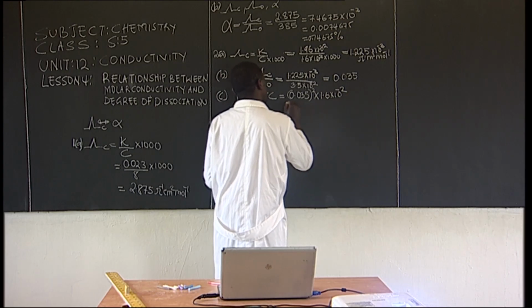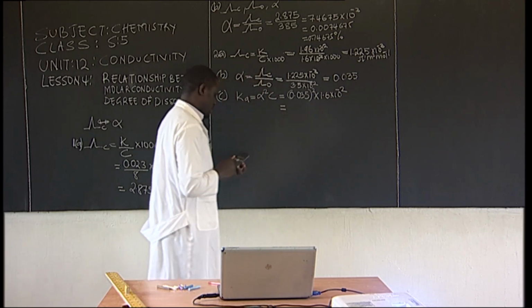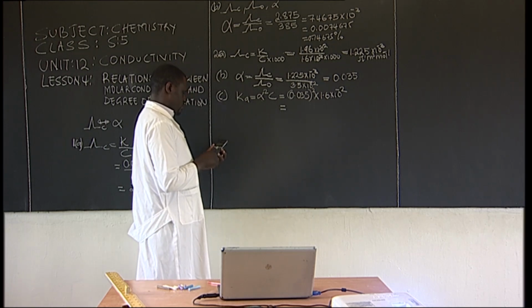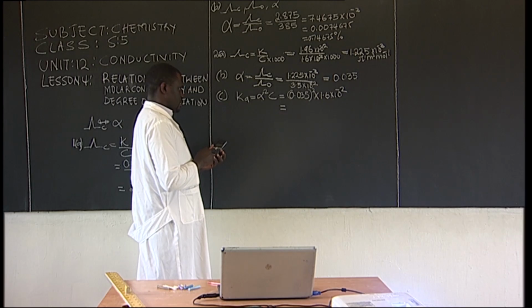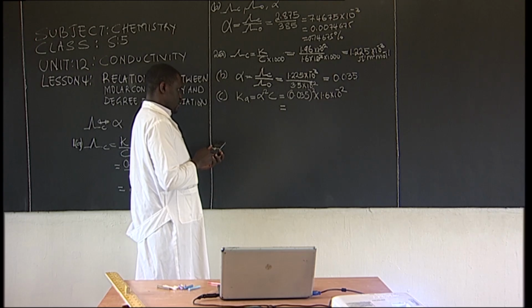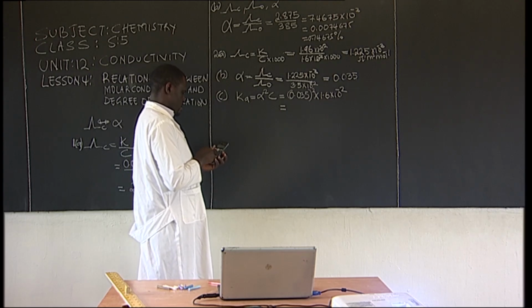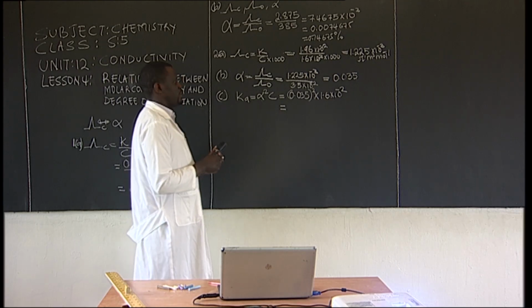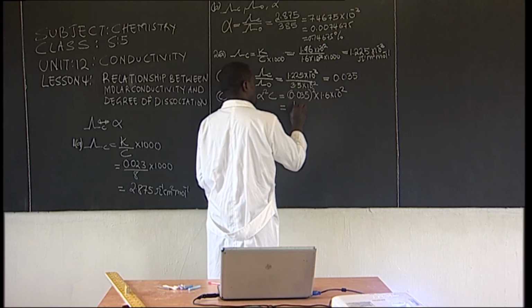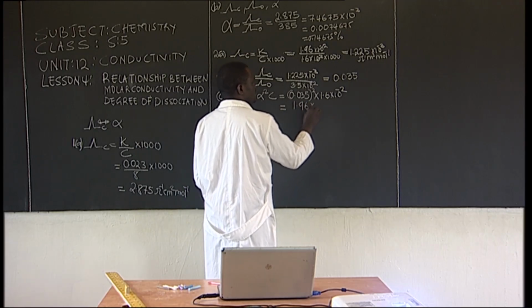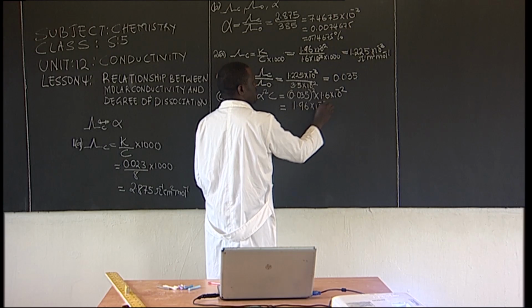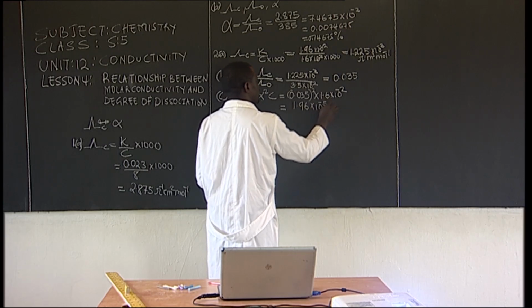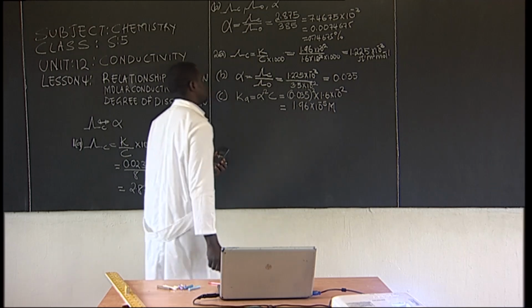So what will be our value? Let's go down here. We have this squared times 1.6 times 10 to the power negative 2. Which answer have you got? Me, I've got this one. Hope we have the same answer, times 10 to the power negative 5. The unit for Ka is moles per decimeter cubed.